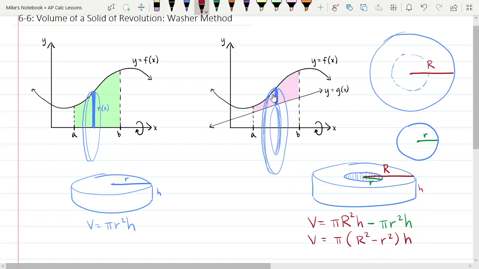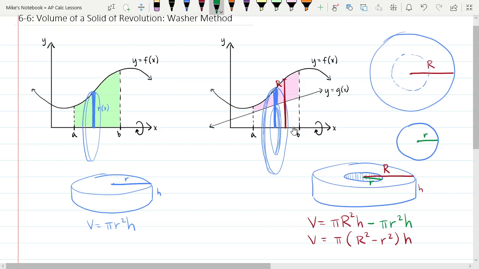And then the radius, again, that's just going to be our function, but now that radius is going to be the full distance from the axis that we're revolving around to the farthest boundary of the region. Sorry, I should do color coordinating here. So again, we're going from the axis to the farthest boundary of the region, that's going to be your big R.